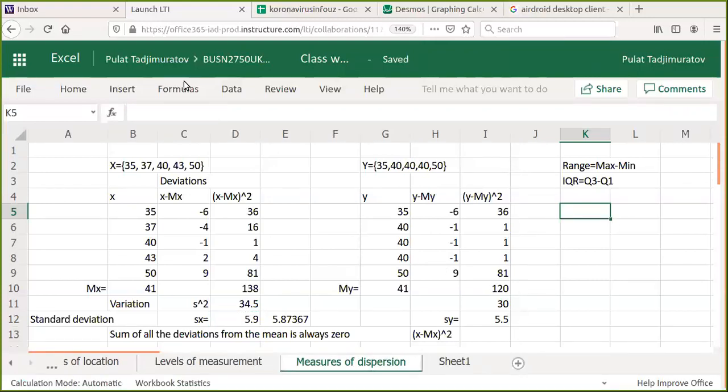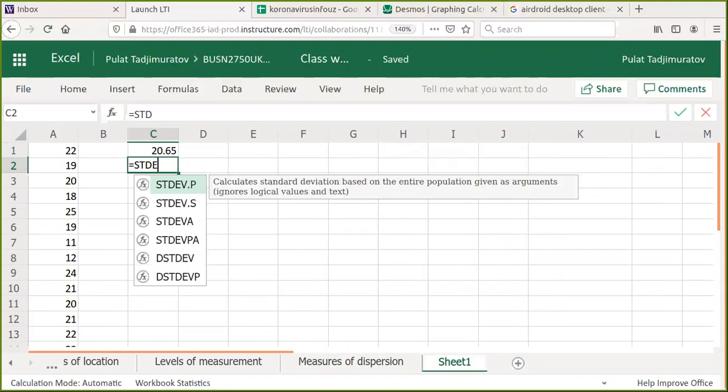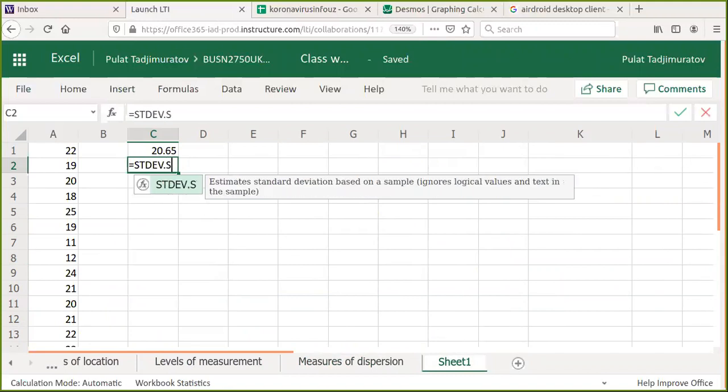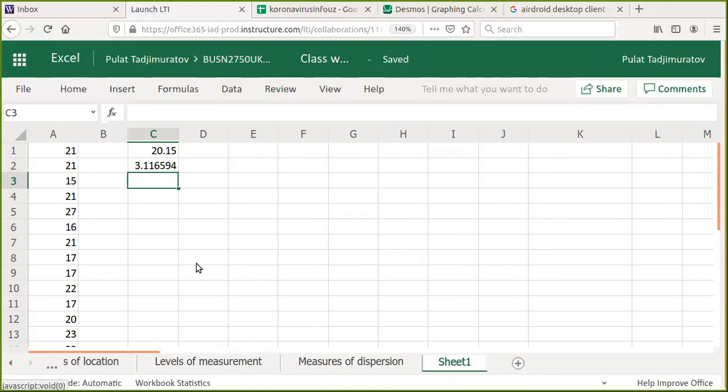So now I won't do all that boring stuff with finding deviations. I'll just ask Excel to calculate standard deviation for us, A1 up to A20. And now I want to do one thing.